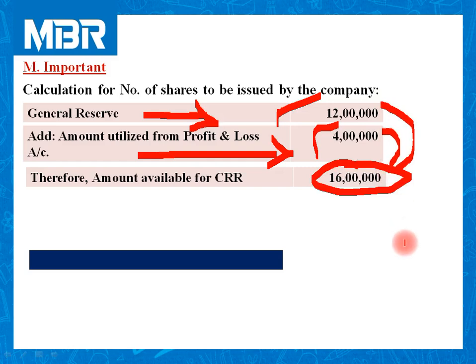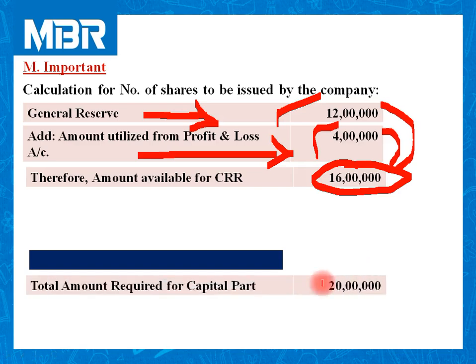CRR can be created out of the divisible profit. So we need to calculate in a different order. What is our total requirement for capital part? 20 lakhs, that we have checked earlier. What is the amount available with us for the purpose of creation of CRR?